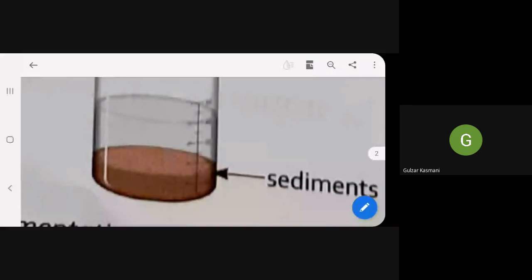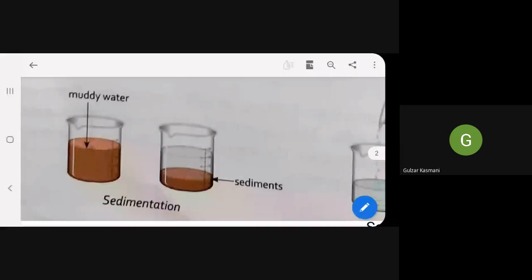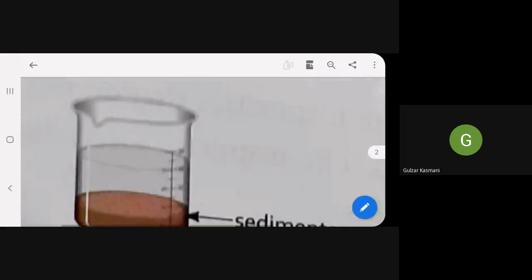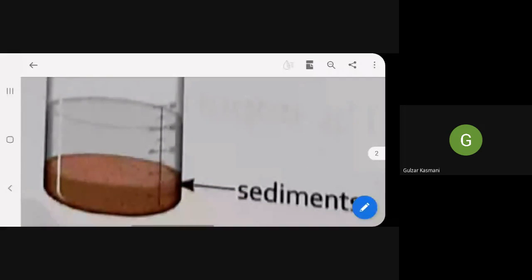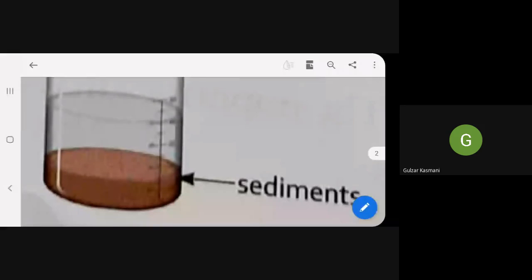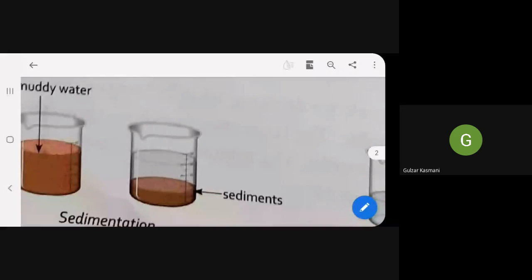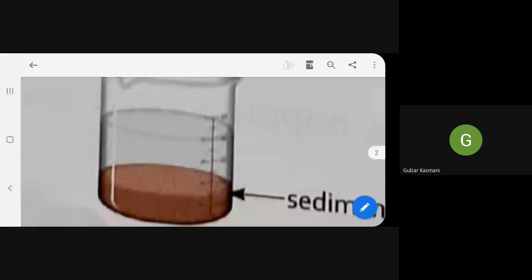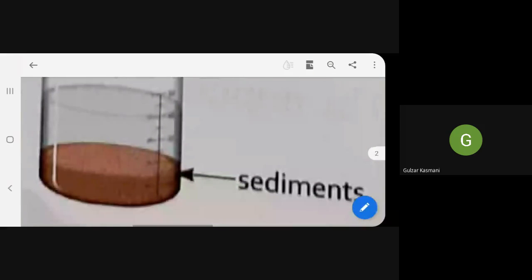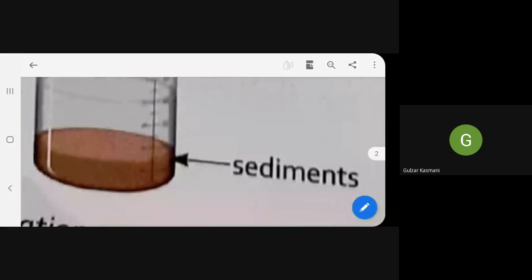So this method is known as sedimentation. All the sediment, meaning all the sand or other mud and dust particles which are not able to dissolve inside the water, settle down by themselves after some time at the bottom of the beaker. So this process is known as sedimentation.